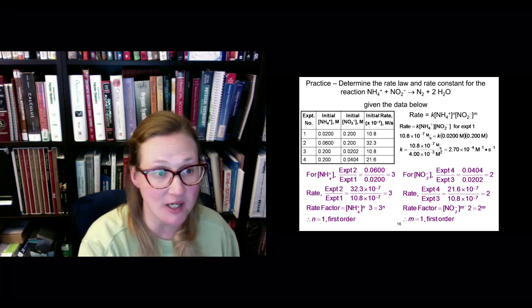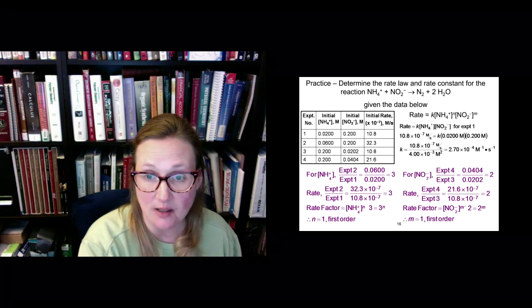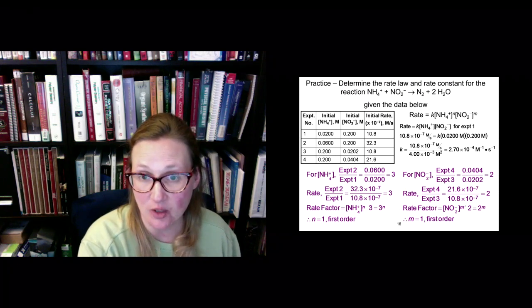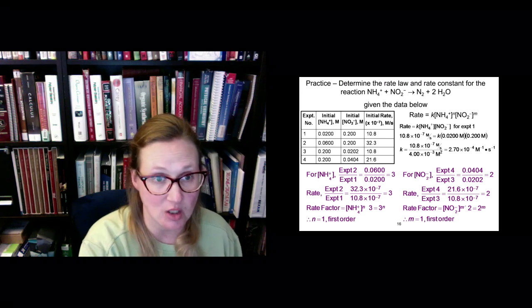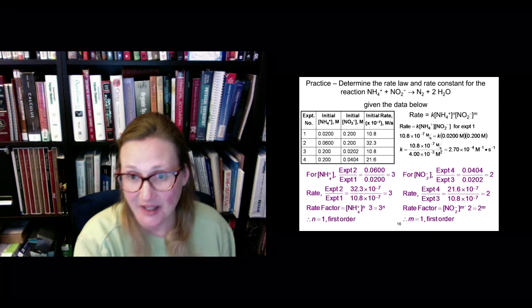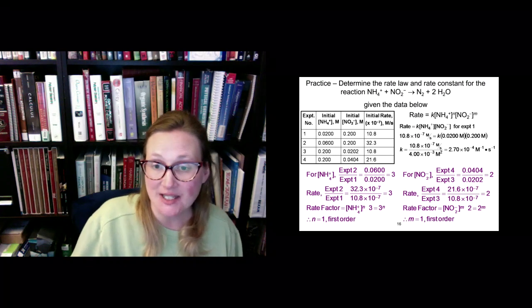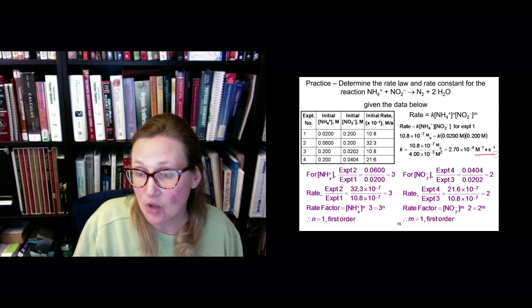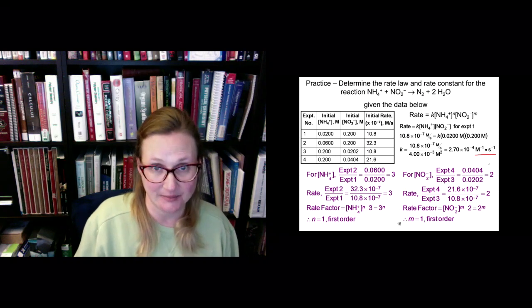Okay, and if we just plug in the numbers from experiment 1, the initial rate is equal to k times the concentration of ammonium ion times the concentration of nitrite, and we get k. And remember, this reaction is second order overall, so our units here are per molar per second.